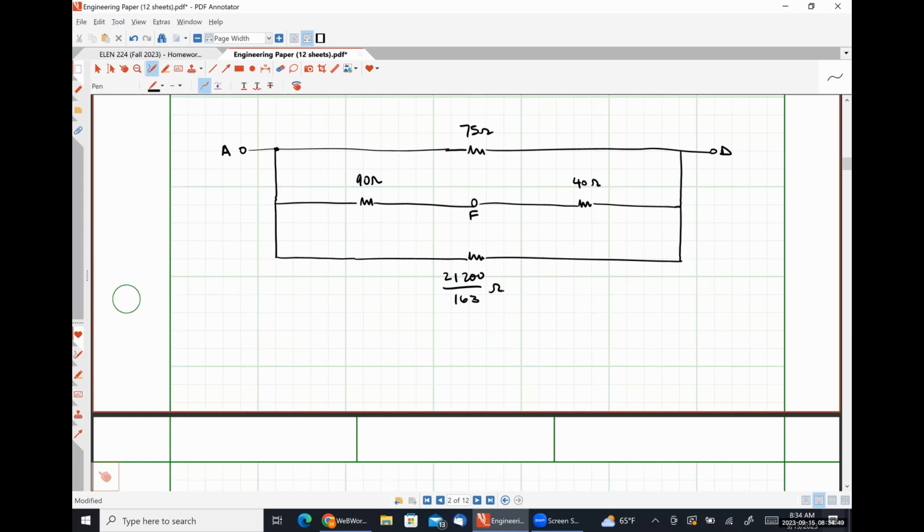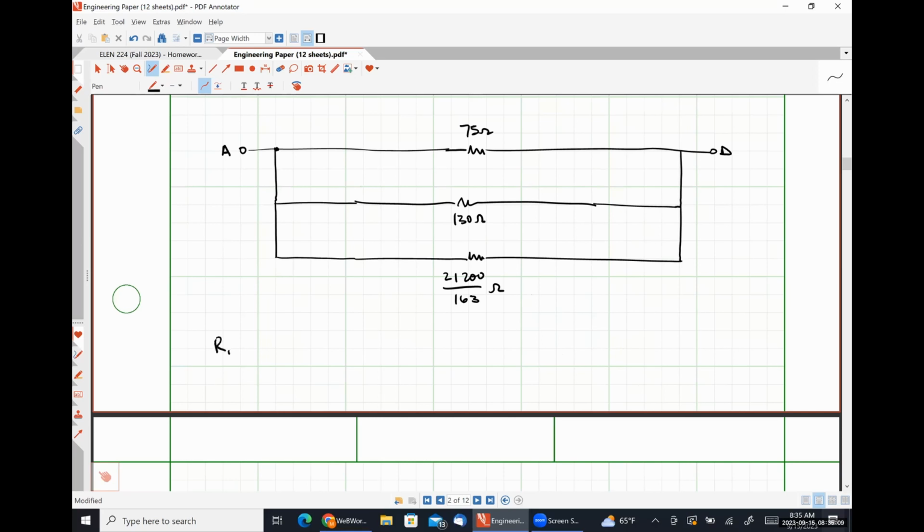So that one contains a 90 ohm resistor in series with a 40 ohm resistor, which is just going to look like 130. And now we can see that we have three resistances in parallel.